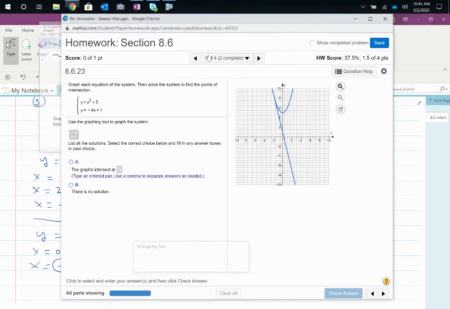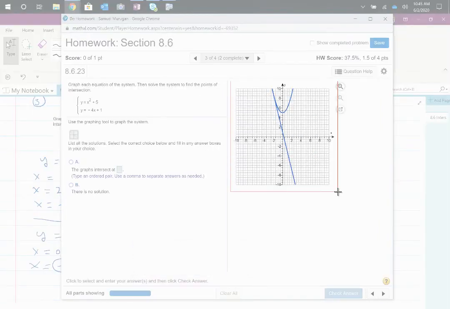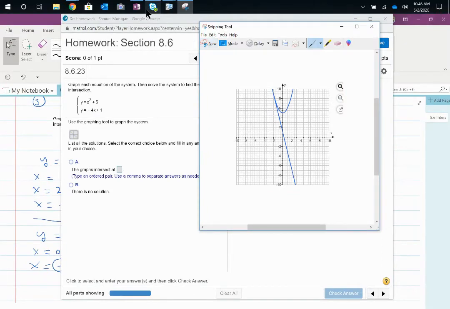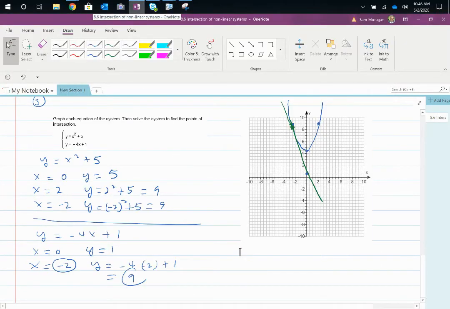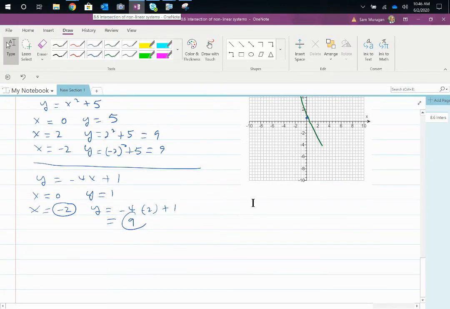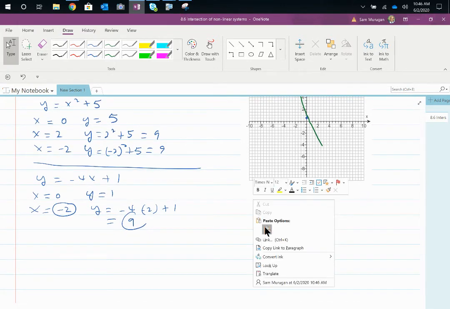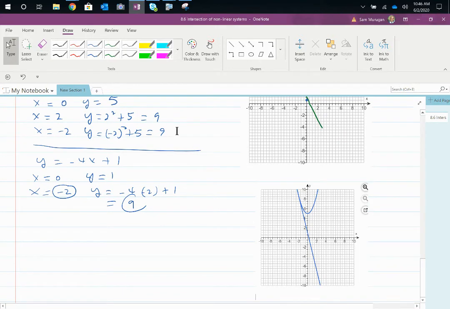So I'm also going to go ahead and put this into the calculator to try to get my answer from that. It looks like it's intersecting at 2 and 9, but let's go ahead and put it into the calculator.